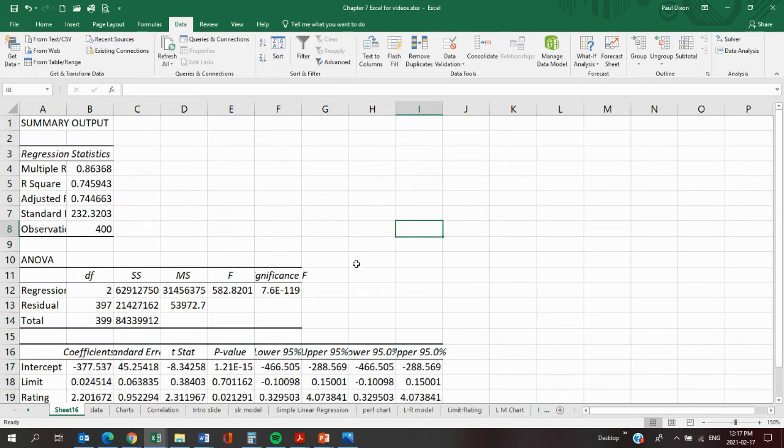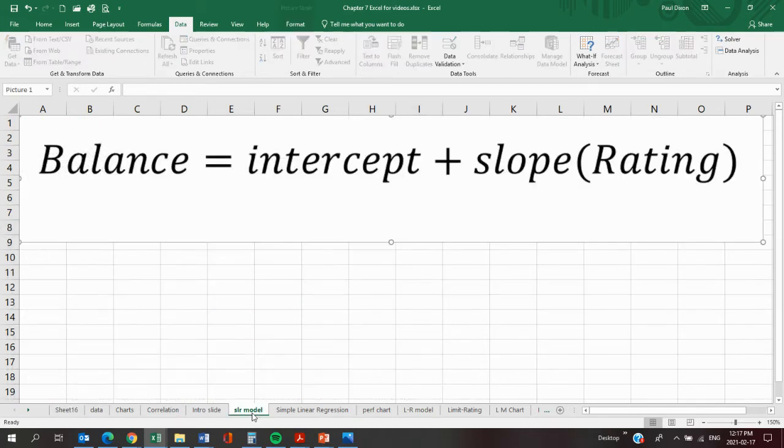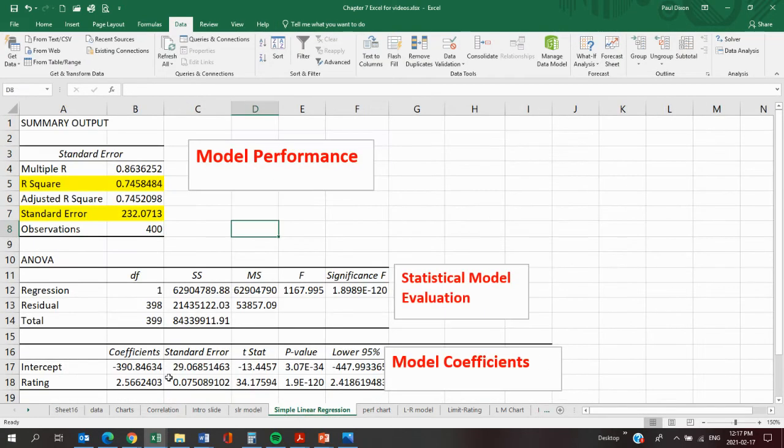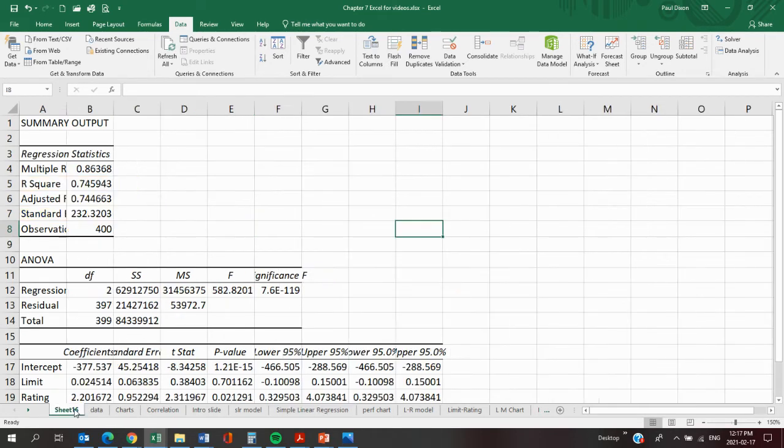So here are my results. The R square is now 0.7459. Well, what did we have before? When I had my simple model previously, it had 0.7458. I'm now at 0.7459. It's not changed.